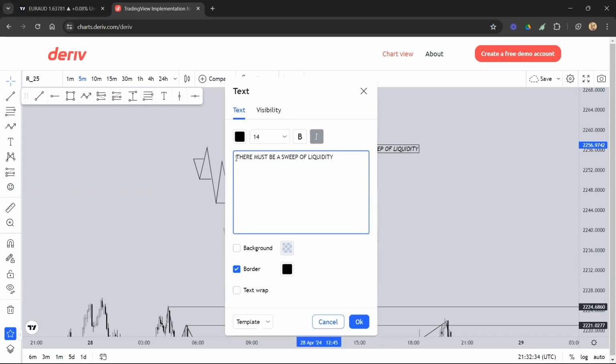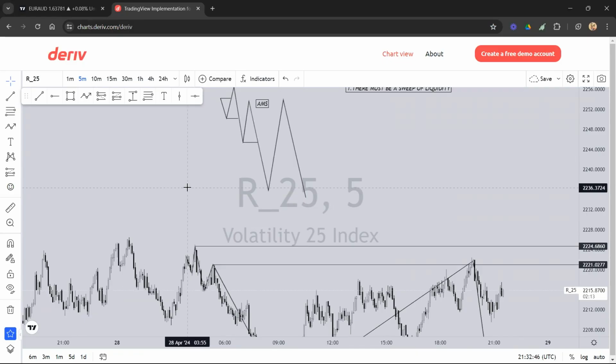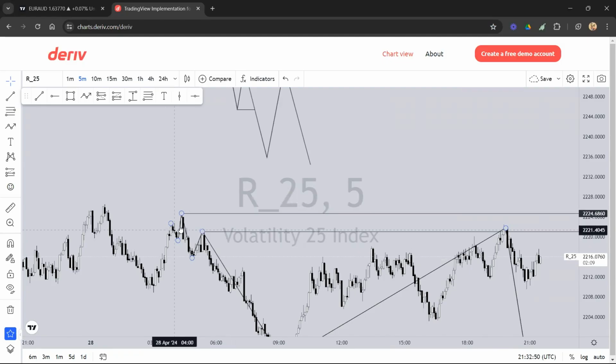This is number one rule. If there's no sweep of liquidity, it is not an advanced market structure. Market must come to take out a previous high. It is a must. If market does not take out the previous high, there's nothing I'm coming to look for, an AMS here.